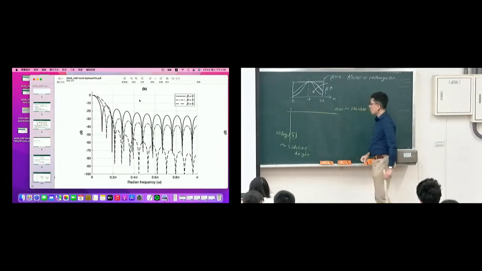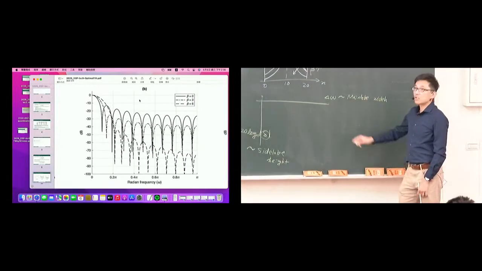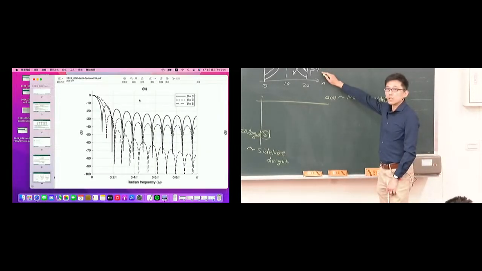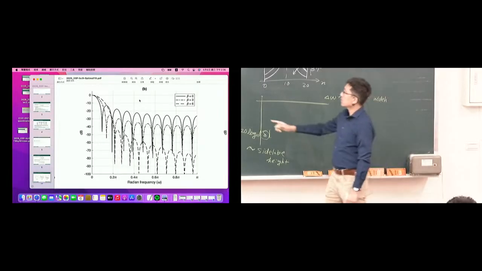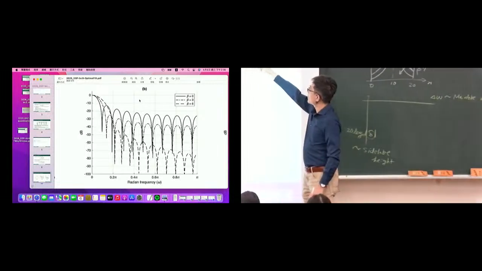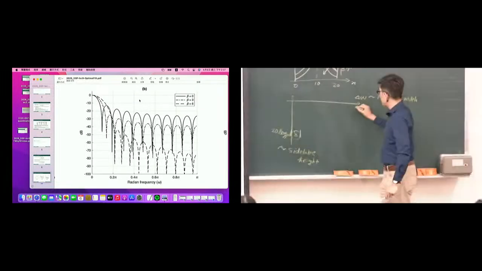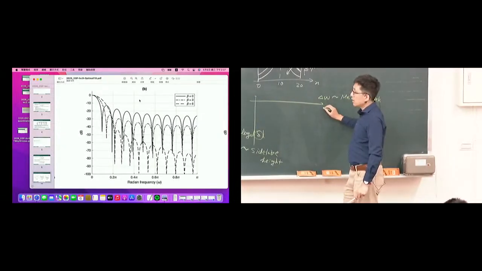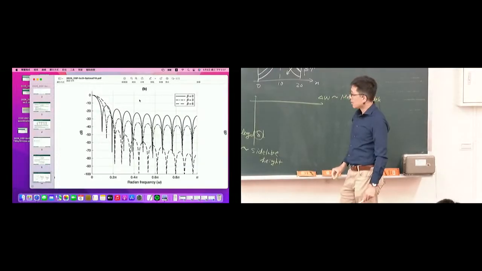Now, if we change beta continuously, what do we expect to see? Do we expect to see a trajectory of performance? When you increase beta, we expect the transition width to widen, whereas the suppression ratio, the approximation error, becomes better, more negative.